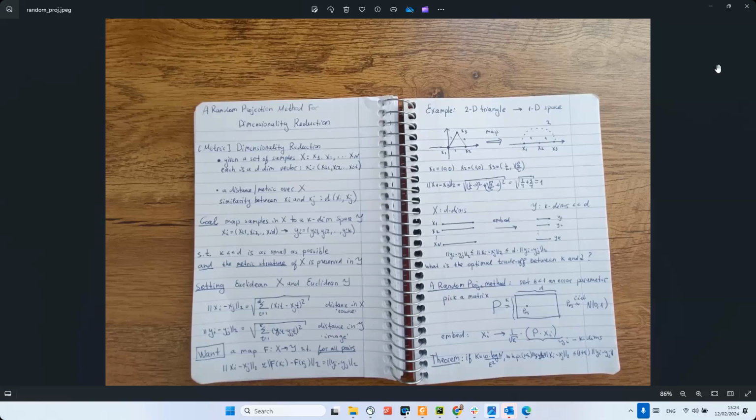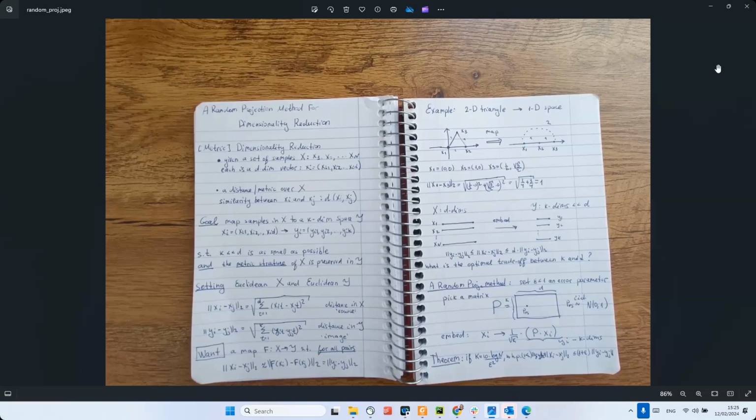So what they proved, basically, is that if you have these n points in Euclidean space, you can just pick a k-dimensional subspace uniformly at random, and project your points into this subspace.